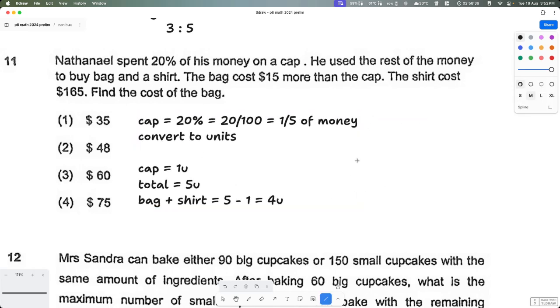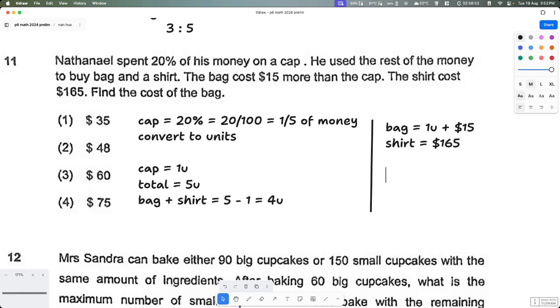Then the next thing is we know that the bag costs $15 more, so bag is one cap, which is 1 unit plus $15, and then the shirt is equal to $165.